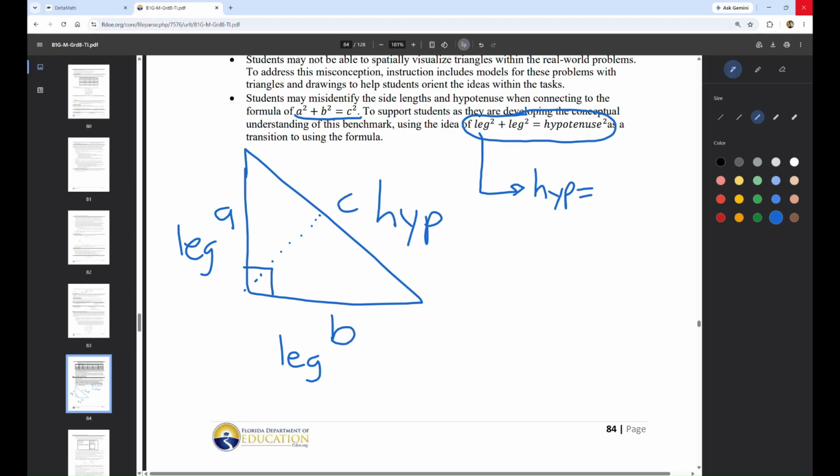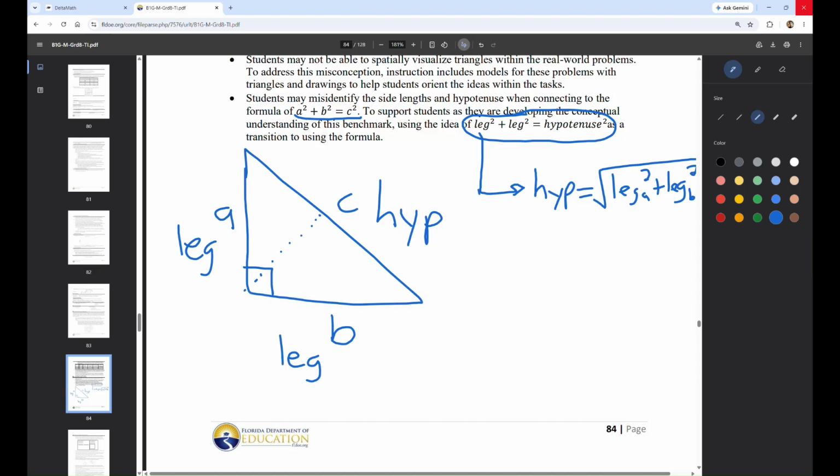Remember, the hypotenuse squared is in the Pythagorean theorem, so we need to take the square root of both sides. So the hypotenuse itself is going to be equal to the square root of leg A squared plus leg B squared.